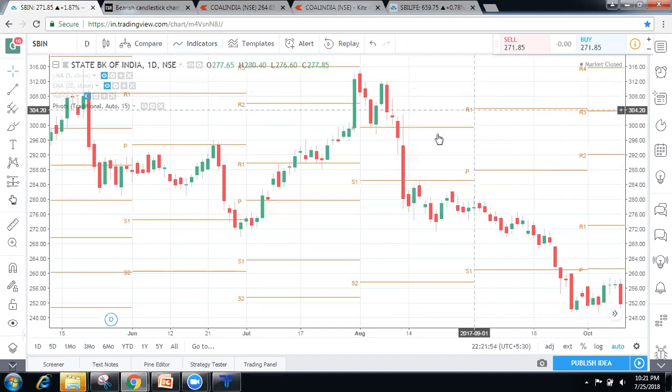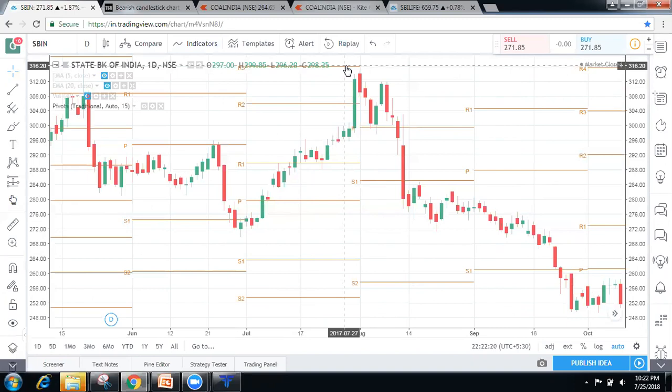So whenever S1 is broken, your next target should be S2, and when S2 is broken, your next target is S3. This pivot point strategy you have to apply: if resistance R1 is broken, my next target should be R2. When R2 is broken, my next target should be R3. This is a principle you should apply on the daily chart.